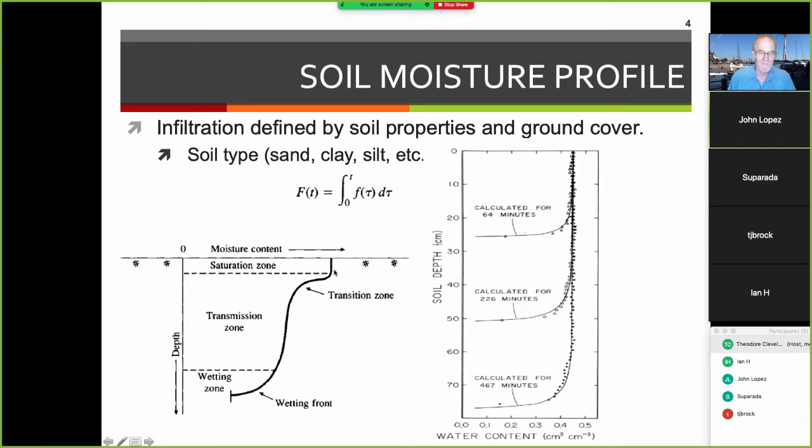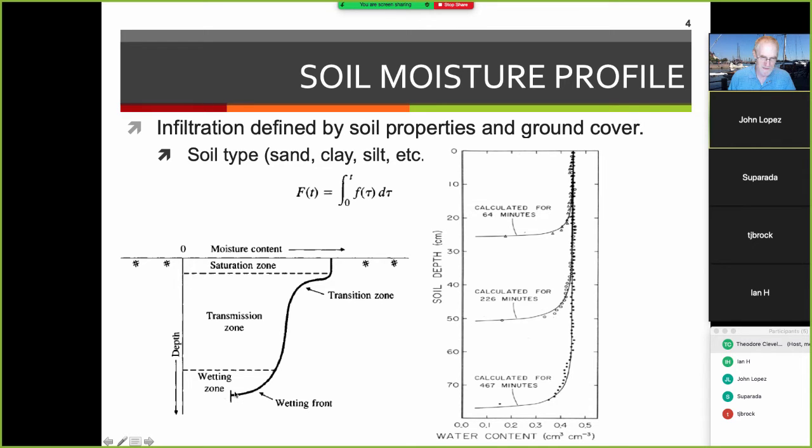And as we're moving down further, the moisture content as a function of position starts to decrease. And in this particular diagram, they call this section here a transmission zone. And we get to a point where the soil moisture starts to drop considerably over a short vertical distance.